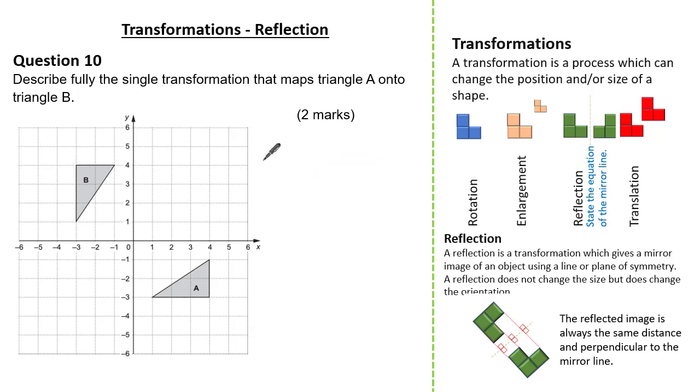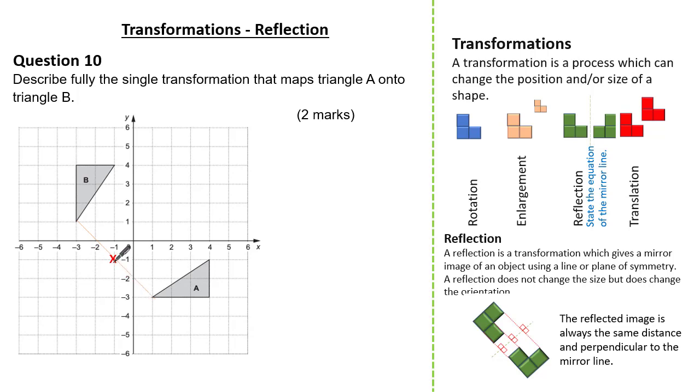We're going to use the same method and identify our corresponding vertices. Starting with triangle A, you can see we are 1 diagonal, 2 diagonals, 3 diagonals, 4 diagonals away from our corresponding reflected vertex. So therefore, the equation of the mirror line must sit 2 diagonals from each vertex.